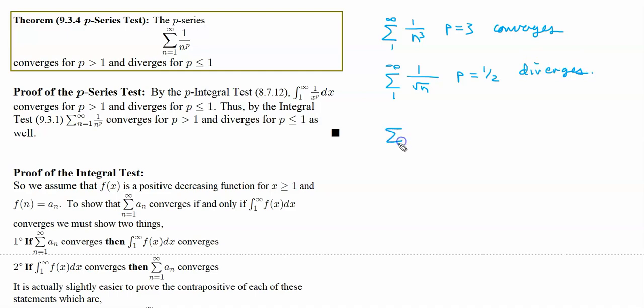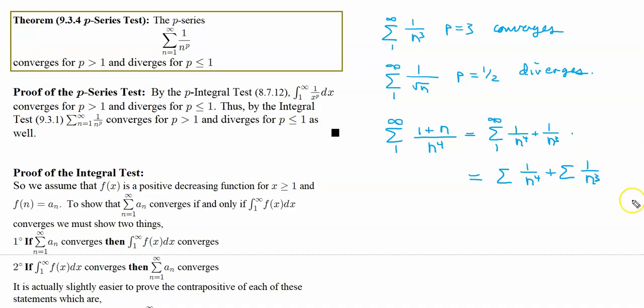If we look at the summation from 1 to infinity of, say, (1 plus n) divided by n to the 4th power, well, we can use this test also because we can write this like that, and then we can break that up like that.